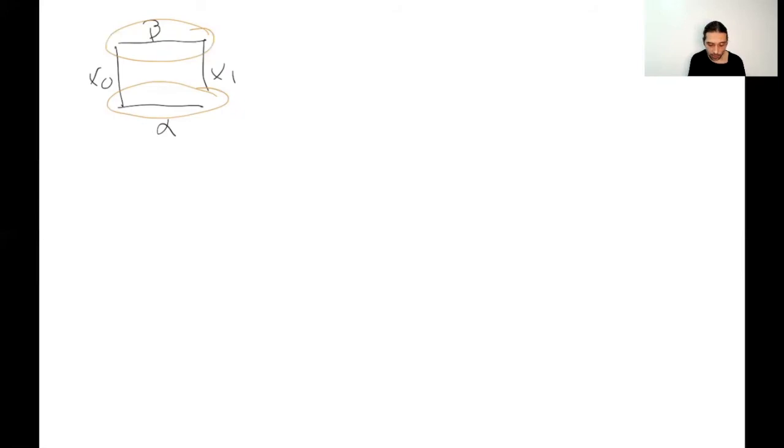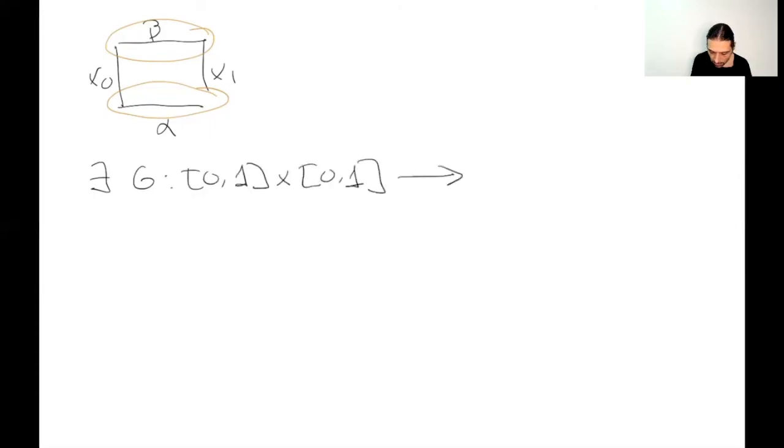And so what we can do, modulo a small perturbation, by using that transversality is an open and dense property, is that there exists a C infinity map G, transverse to N, such that G is equal to F in the neighborhood of the down and the upsides.